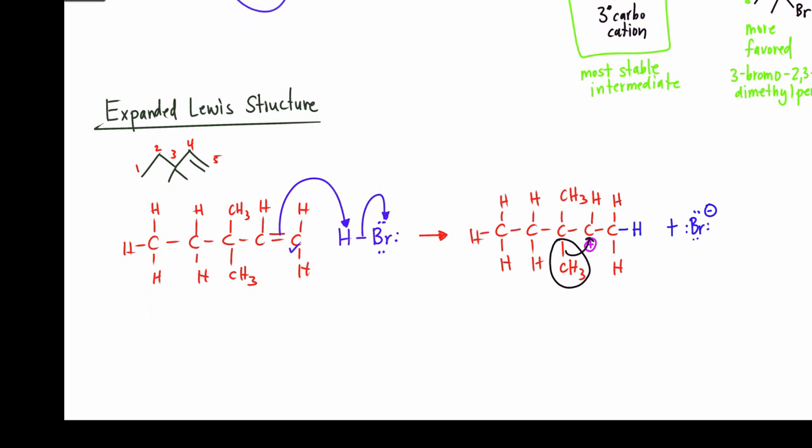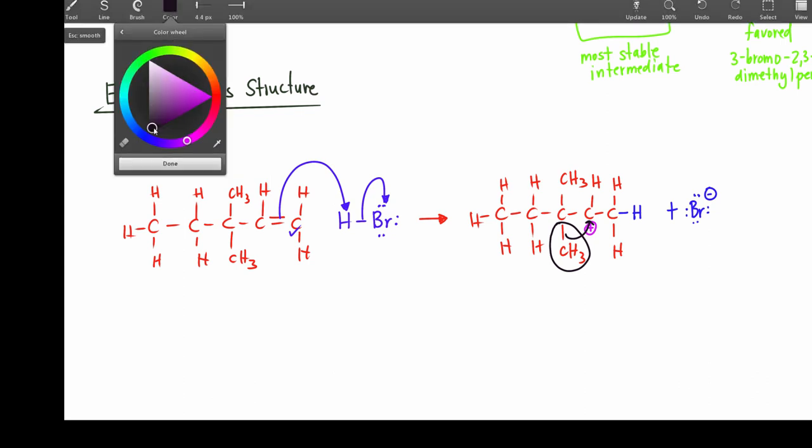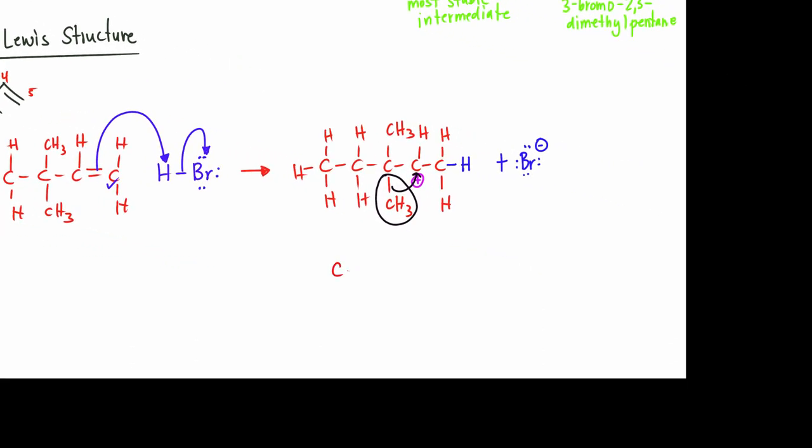When we shift that out, we're going to have five carbons again: hydrogen, hydrogen, hydrogen, hydrogen, hydrogen, CH3, hydrogen.